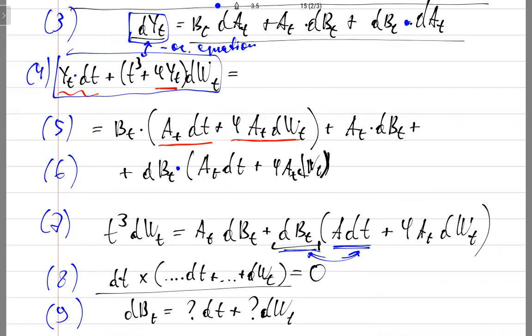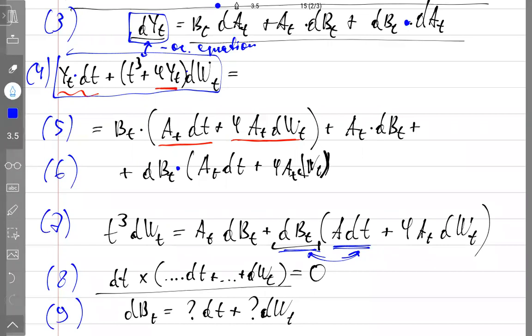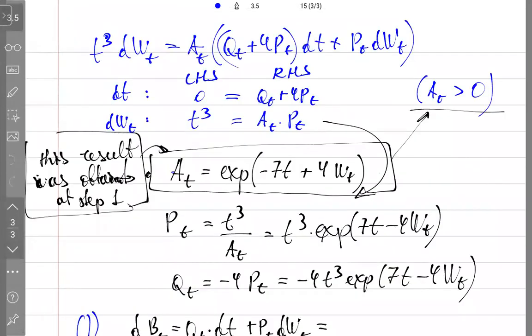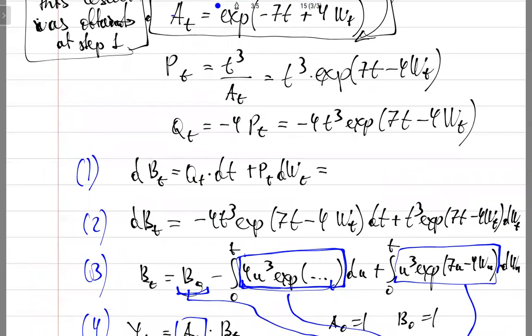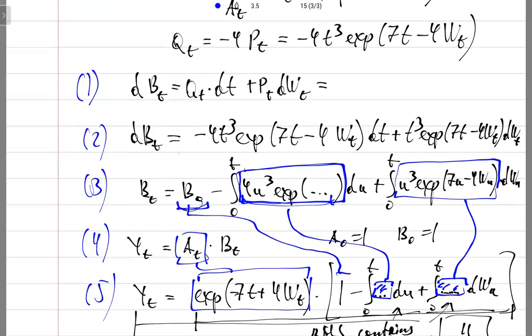Okay. Any more questions? Could we apply here the approach when we want to find Bt? We equate it to qt dt plus pt dwt. Could we apply the approach like we did, dBt equal to a function h of t multiplied by g of wt? Is it the same approach? No, because we see that in our case, Bt is a very complex process.